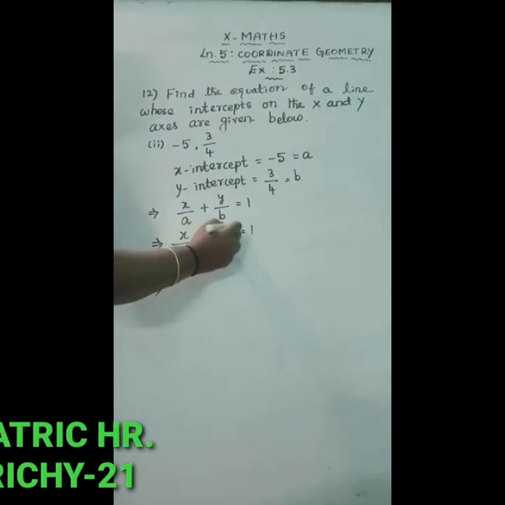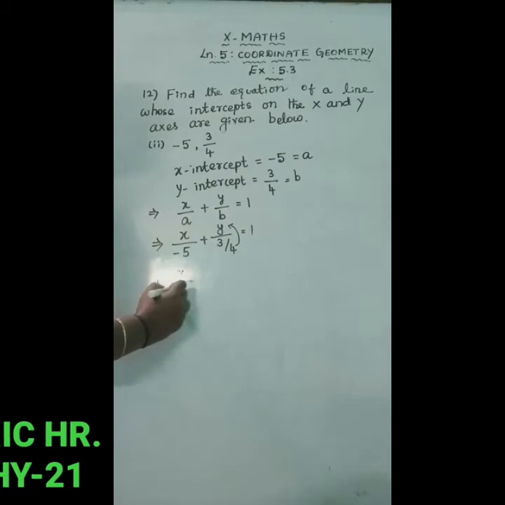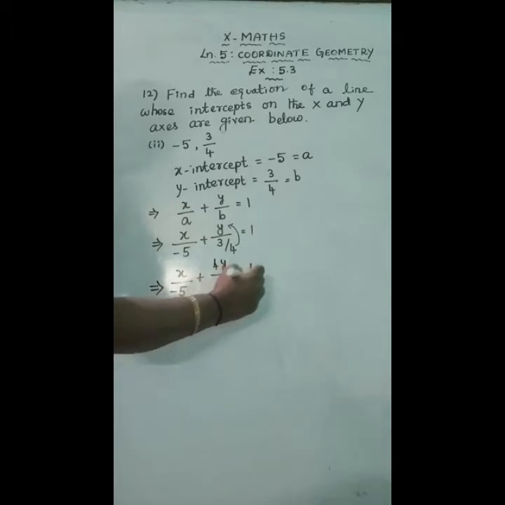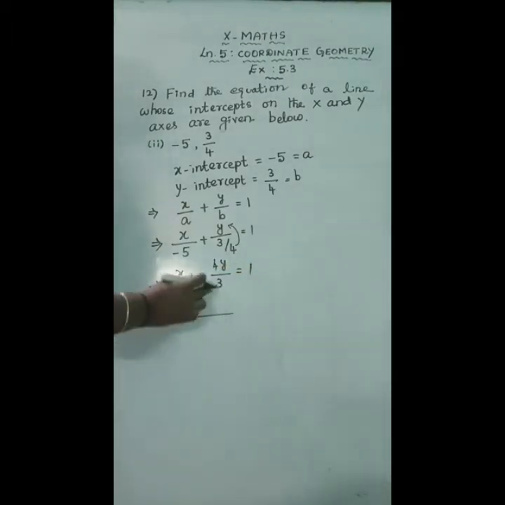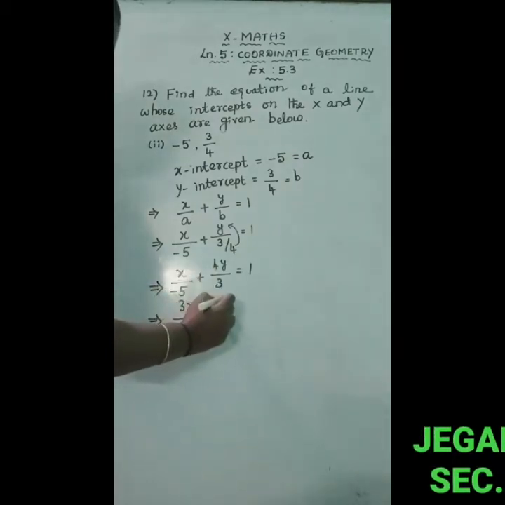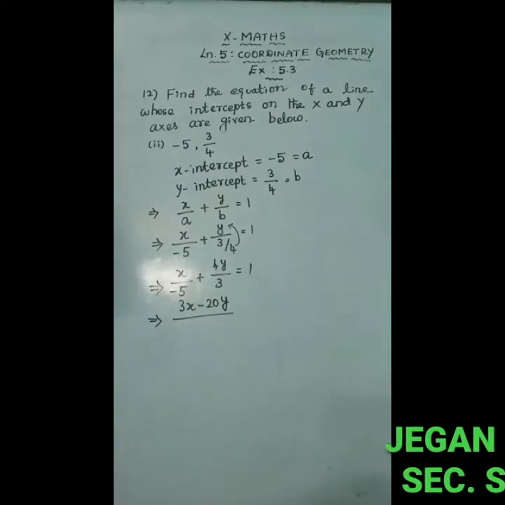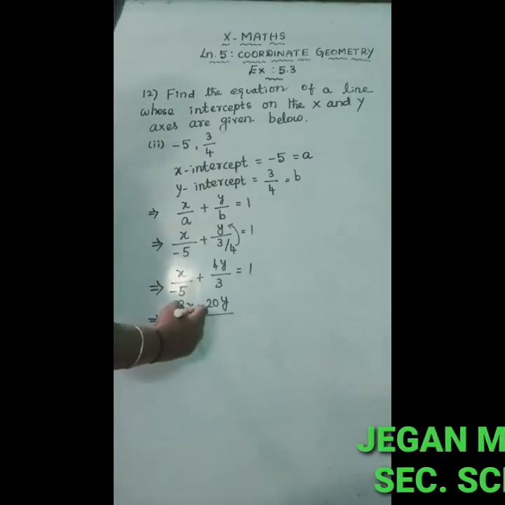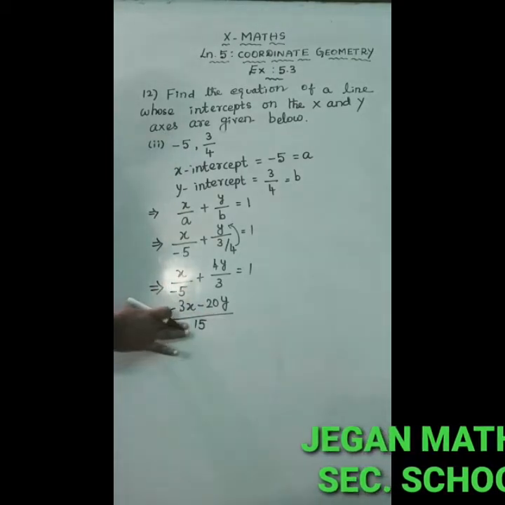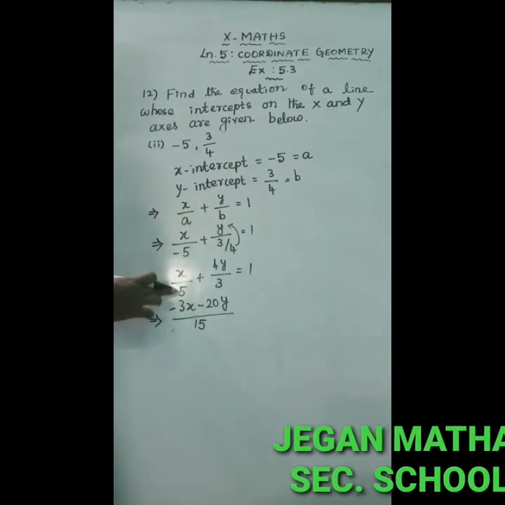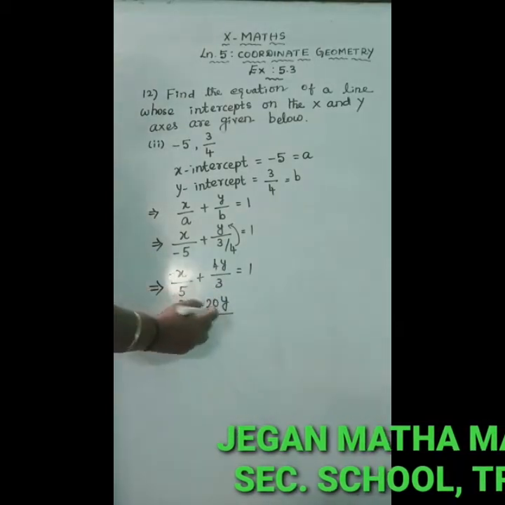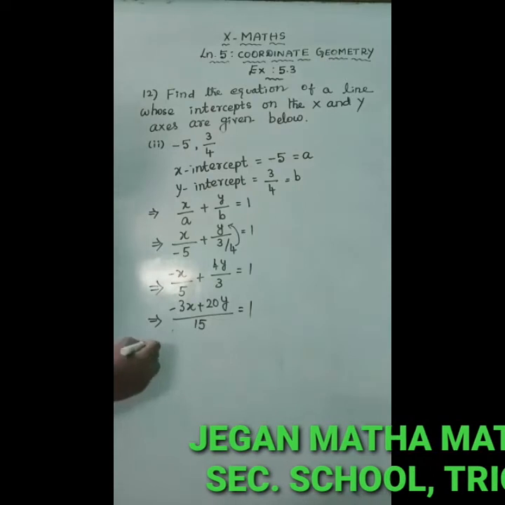The first step, 4 is multiplied into y. We have x divided by minus 5 plus 4y divided by 3 is equal to 1. So, we take LCM, 3 into x, 3x minus 5 into 4 minus 20y divided by 3 into minus 5, we have minus 15. So, minus 3x plus 20y divided by 15 is equal to 1.